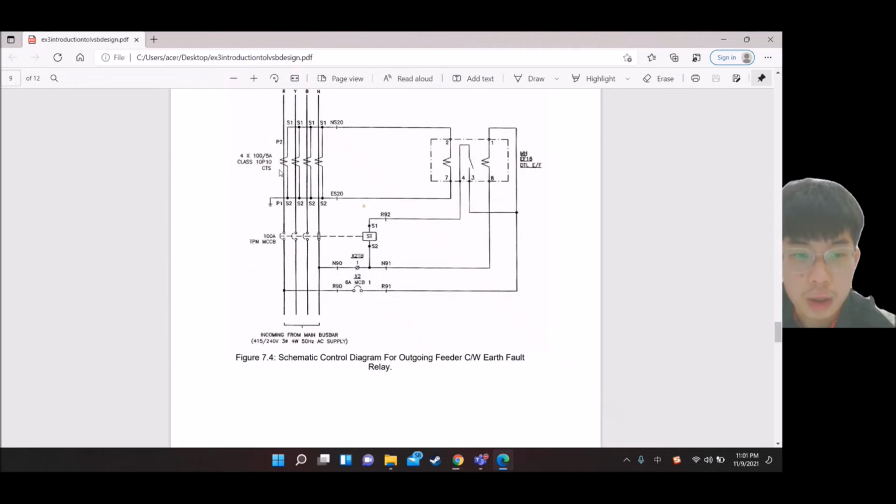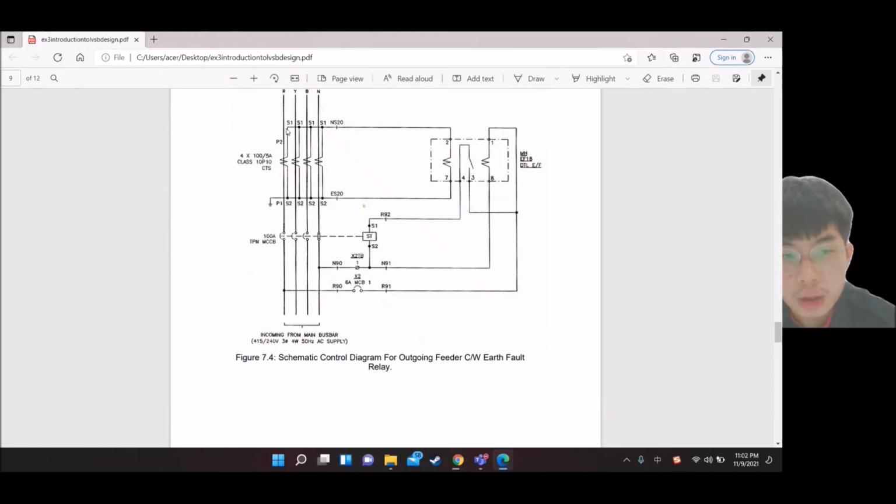Next, we come to the current transformer, which is 100 over 5 ampere. Every bus bar is connected to the transformer: red, yellow, blue, and neutral.